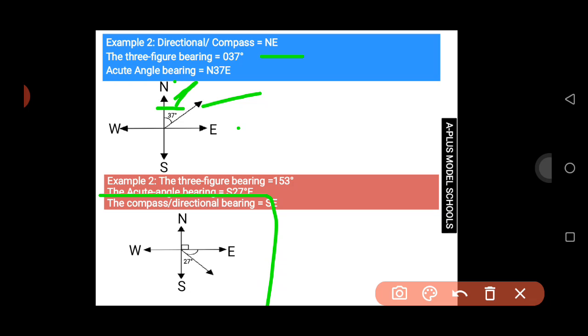Then for the second one, we have another diagram where we are given 27 degrees. When you look at the 27 degrees very well, you will see that the angle is with the south. If I want to get my three-figure bearing, I will start reading my angle from the north pole. From north to east is 90 degrees. But the angle given to me is 27 degrees, and I'm looking for the angle from the north to this line.